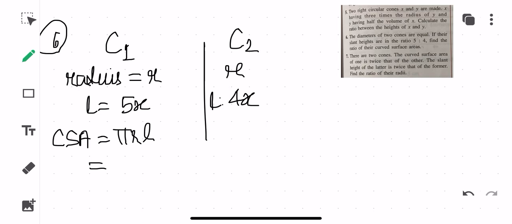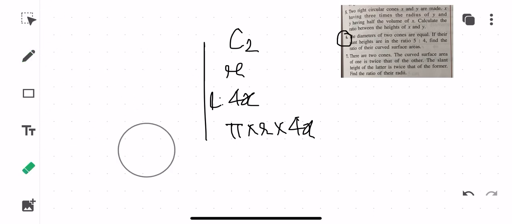Just replace the values: pi into r into 5x, and here I'll be getting pi into r into 4x. So what will be the ratio? The ratio is going to come out to be 5/4, obviously, children. Okay, so the writing part you will be doing yourself. So question number 6 I'll be giving you as homework.